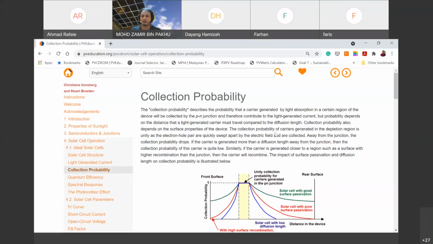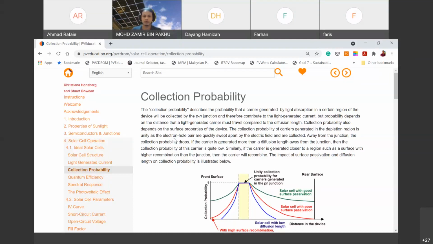Collection probability of carriers generated in the depletion region is unity. We discussed this yesterday, where we assume that the collection probability of the carriers generated in the depletion region is unity, because after all, the depletion region or the PN junction itself is the one that functions to separate both carriers to opposite directions.